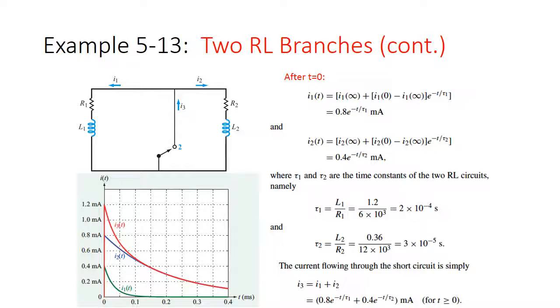At t equals 0, we're going to plug those initial conditions into our current equation for our L circuits. The current at infinity for an inductor is going to be what? 0. Then our initial current I1 at 0 minus our I1 at infinity lets us plug in to get our 0.8, because remember, we got that on our previous slide. 0.8 for the I1, and then 0.4 for the I2.